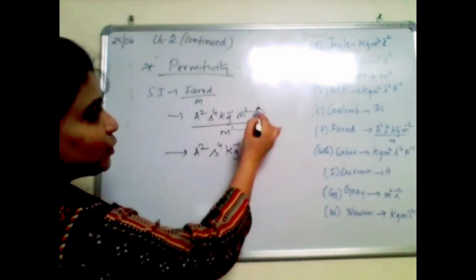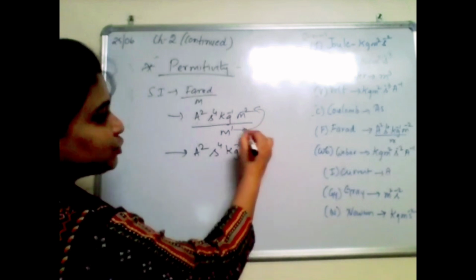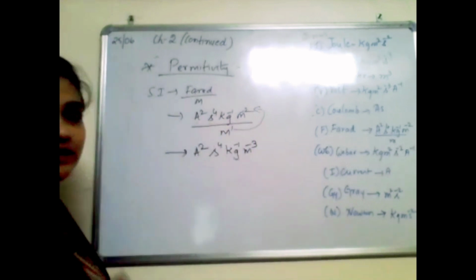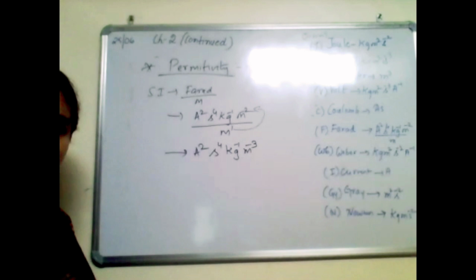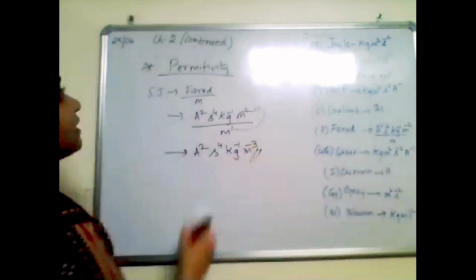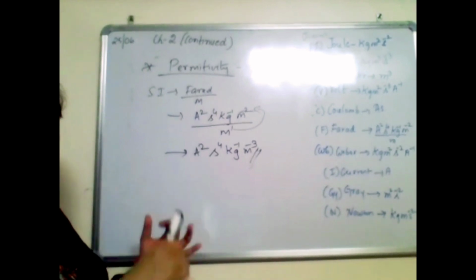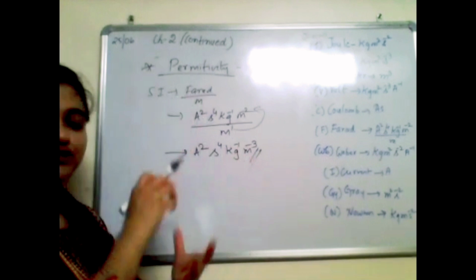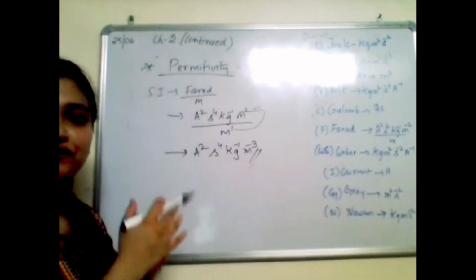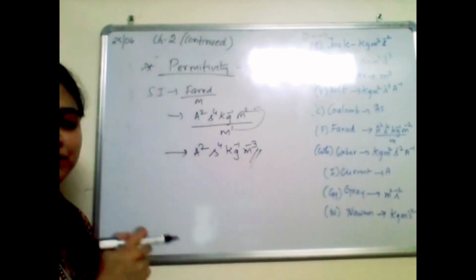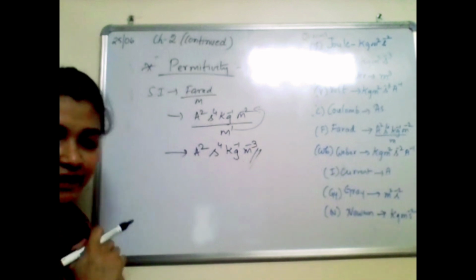If m raised to 1 goes up, it becomes m raised to minus 2 minus 1, m raised to minus 3. Clear? So this is called permittivity, the ability of the substance to store all the electric energy in that electric field. How much capacity that substance has to store the electrical energy.